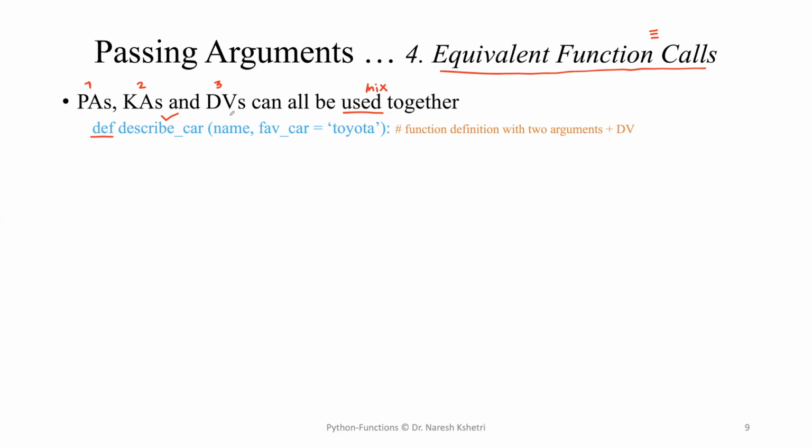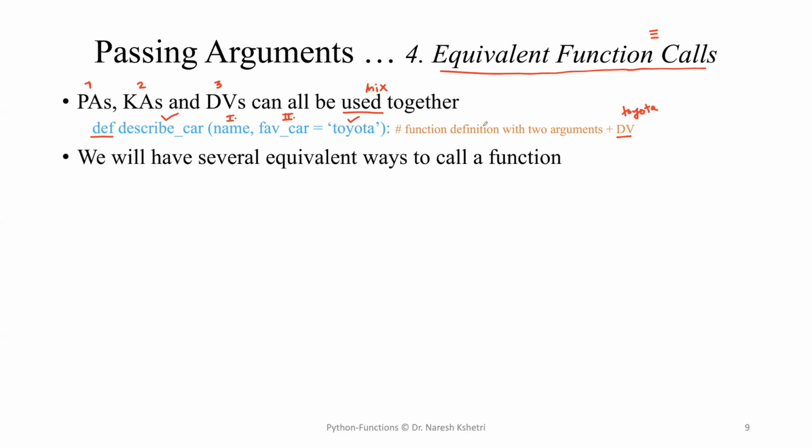The first argument is name, and the second argument is favorite_car, where we have assigned a default value, Toyota. That means if the user doesn't pass any value for the second argument, by default Toyota is used. Otherwise, we will use the value that has been passed by the user.